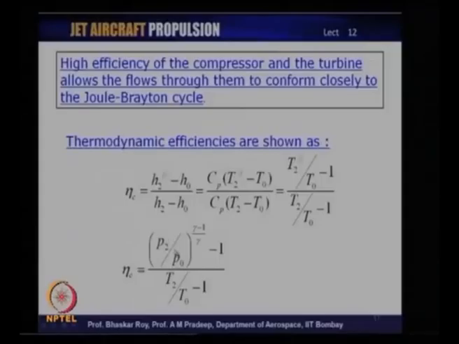And if this is the compression ratio we intend to achieve, this can be put here and would give us the ideal work that is necessary. The denominator, of course, is the real work that is actually being consumed, and the ratio of the two, of course, is the overall isentropic efficiency of the compression process.